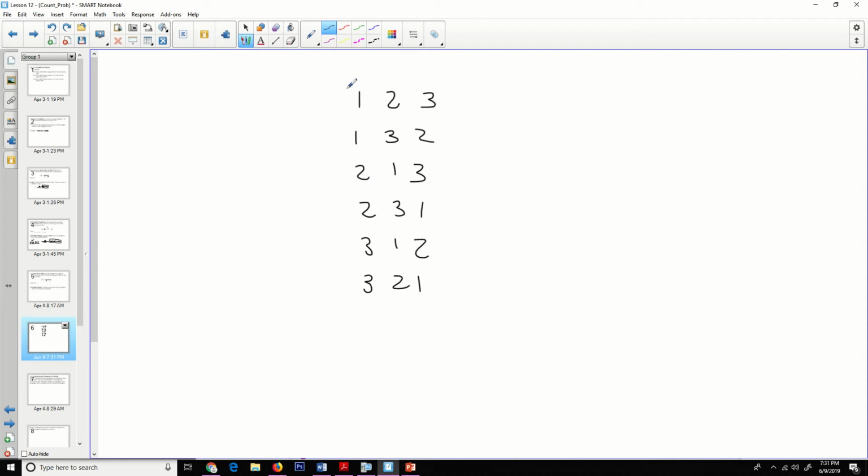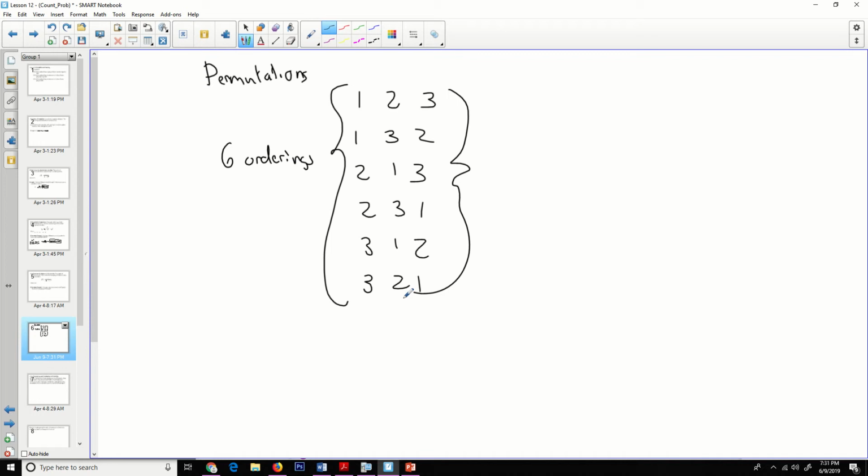So in permutations this is 6 orderings. But in combinations, the order doesn't matter. It just matters that you have the 3 values. So in combinations, this just represents 1 ordering, as long as you have those 3 values.